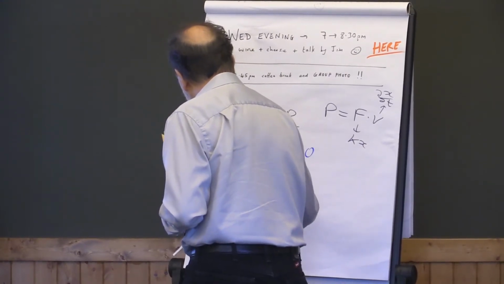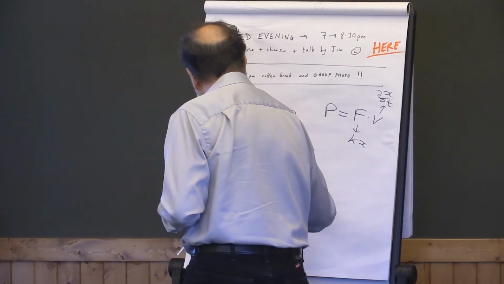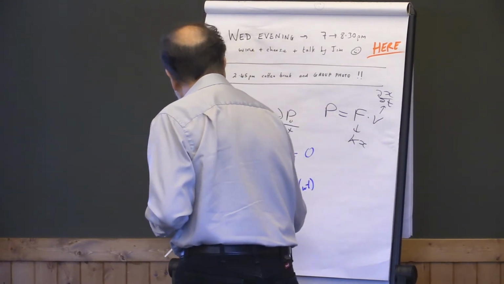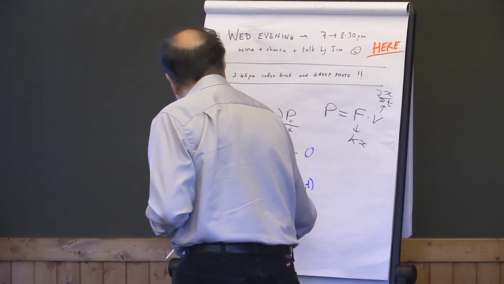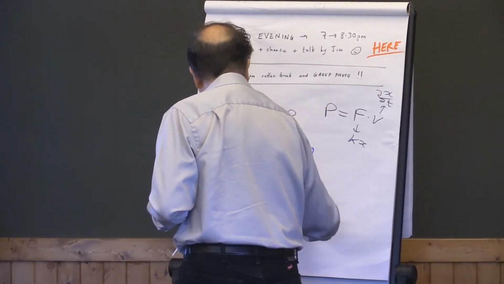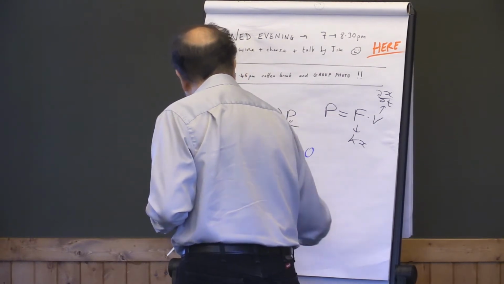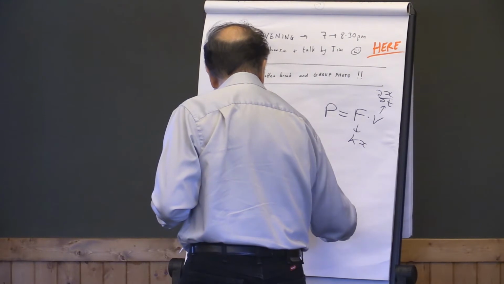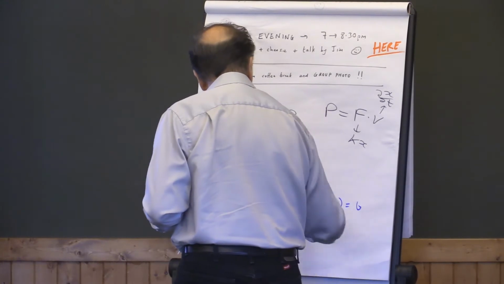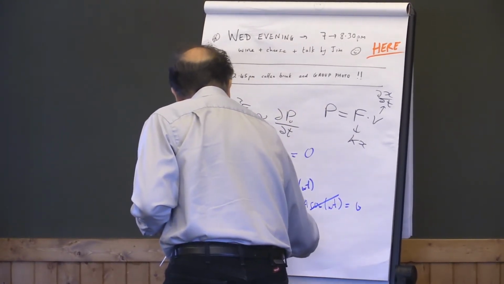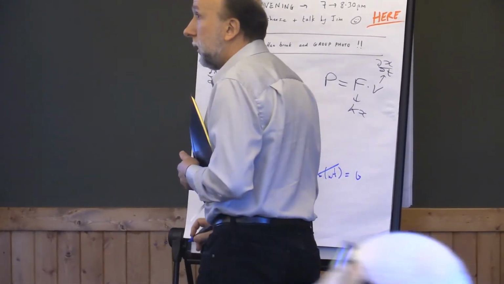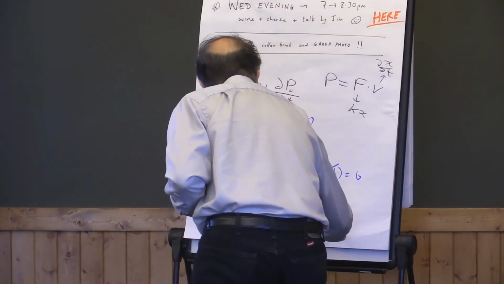Therefore, x double dot is equal to minus A omega squared cosine omega t. Replace this here, then you get minus m omega squared A cosine omega t plus k A cosine omega t equal to 0. This cancels out, and therefore you get that omega is equal to the square root of k over m, the natural frequency. Now, if we put here a forcing function.